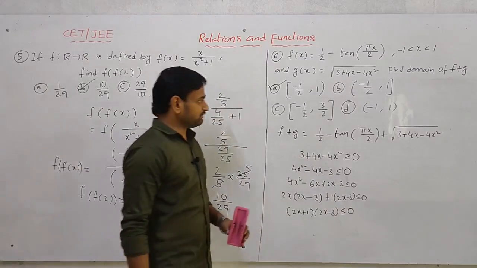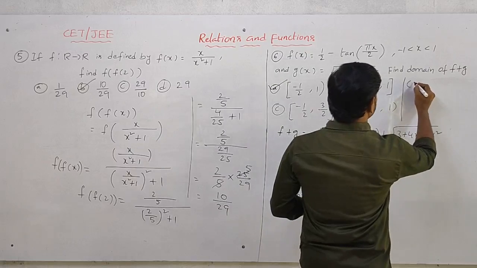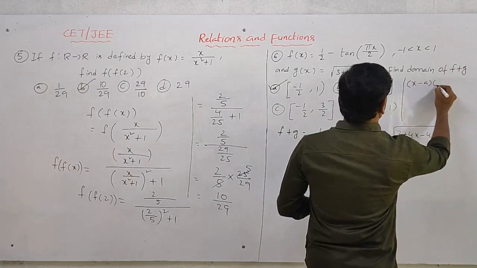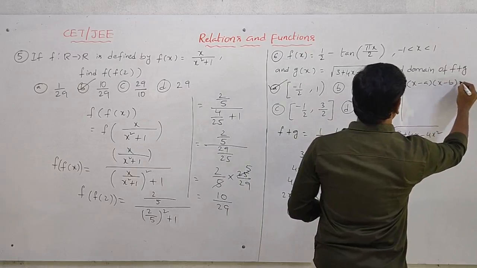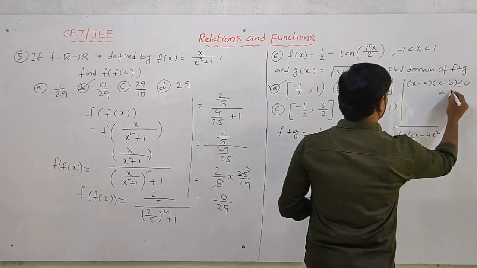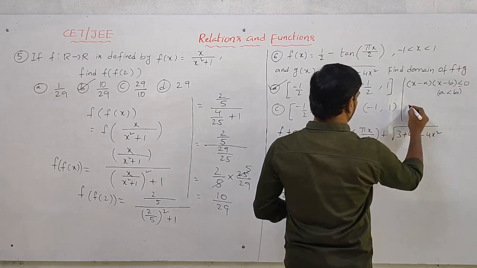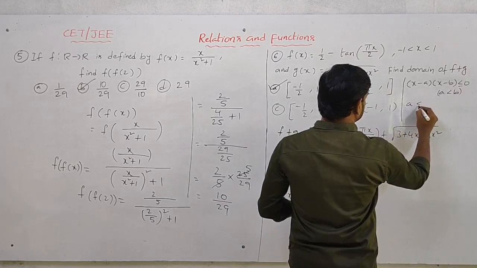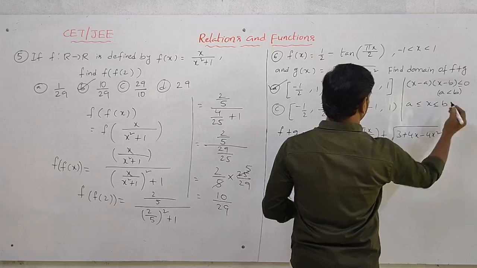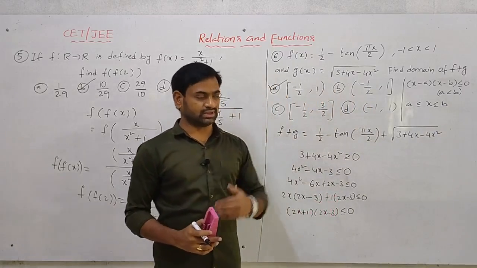Now it is in the form where you can apply this condition: x minus a into x minus b less than or equal to 0, when a less than b, then x lies between a and b, a less than or equal to x less than or equal to b.